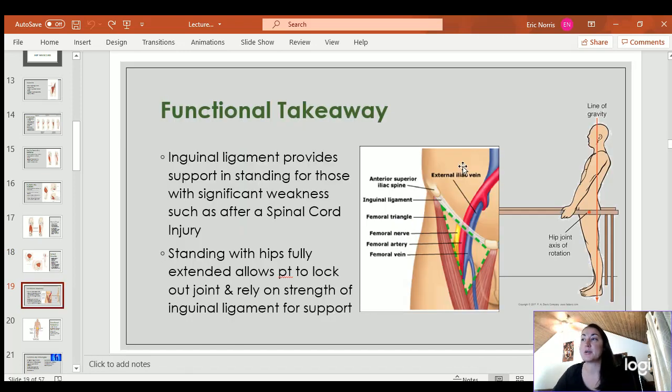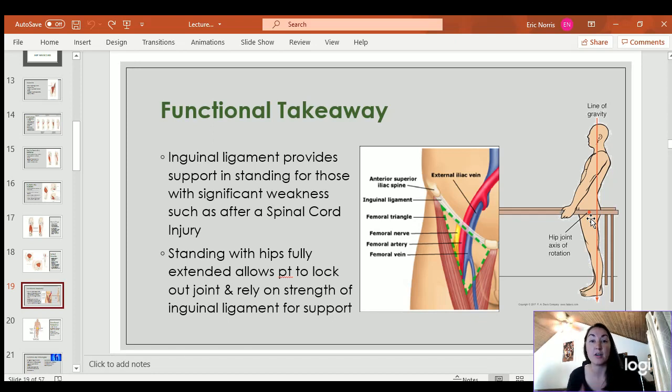Functional takeaways. So I'd mentioned this inguinal ligament. Whenever you lean back, like this position this guy is standing in, that inguinal ligament is at its tightest point. So it is pulling away from the two muscles. And you can actually use that strength from the ligament to secure your standing posture.